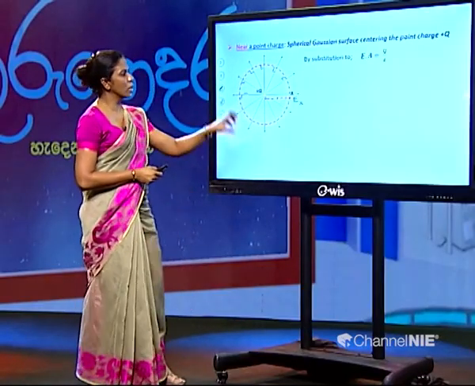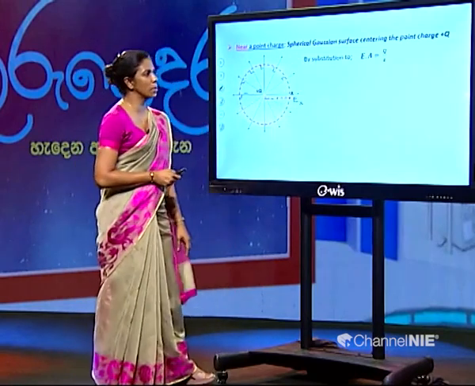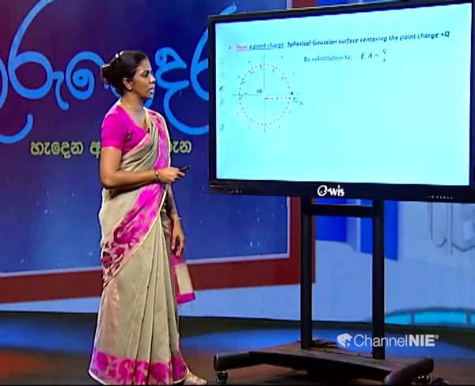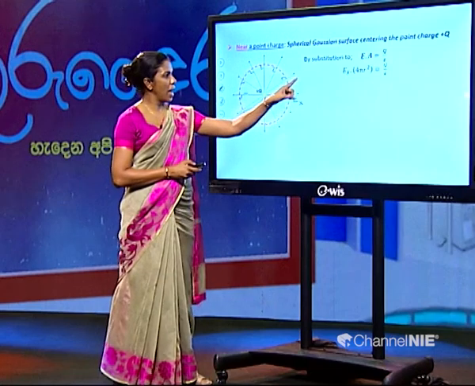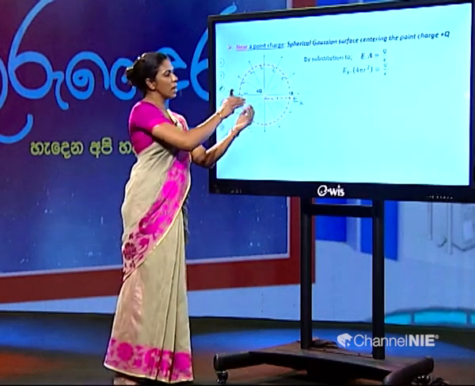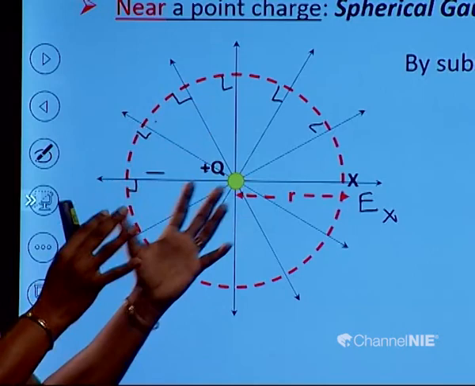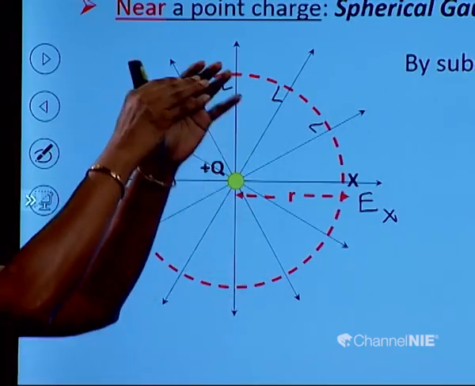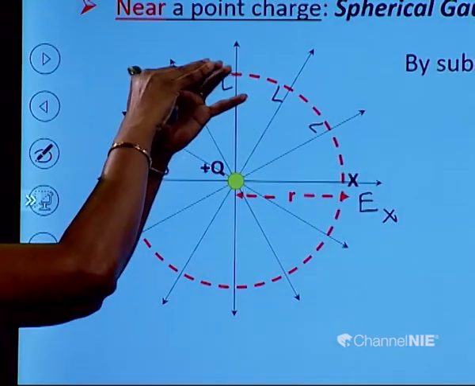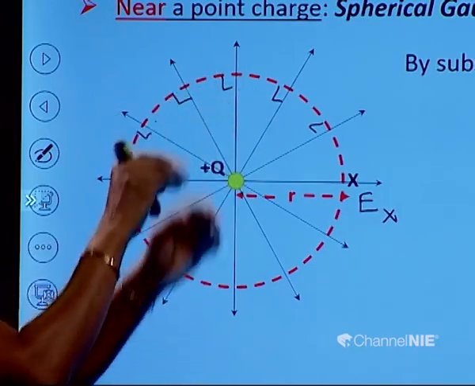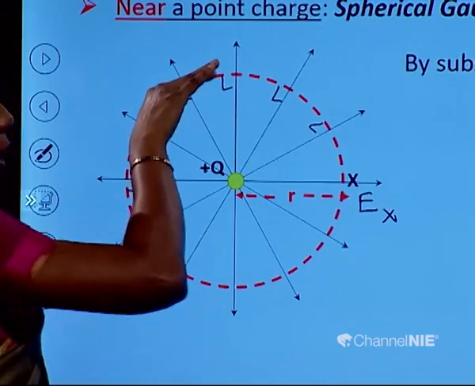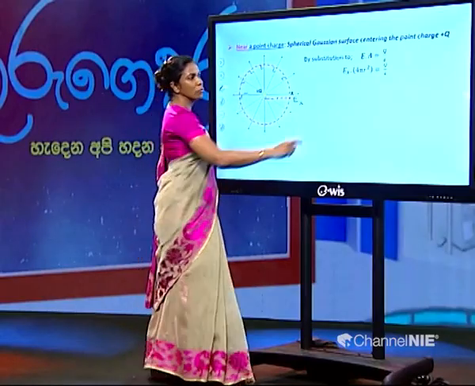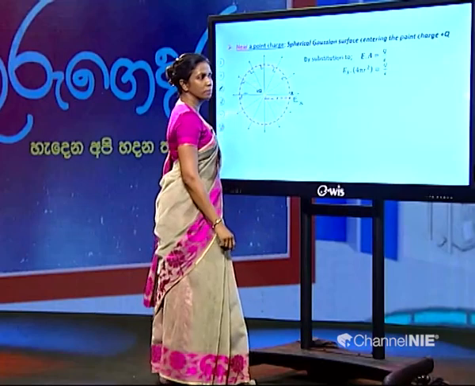Having drawn the Gaussian surface, I substitute into the equation EA equals q over epsilon. At any point on the surface, the field intensity is Ex, and the charge delivers flux in the 3D space. We have drawn a spherical Gaussian surface, so we substitute the net surface area, which on a sphere is 4 pi r squared.